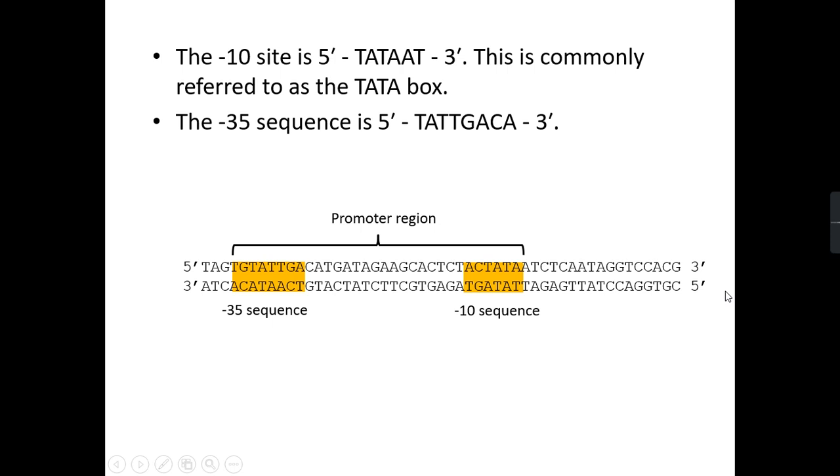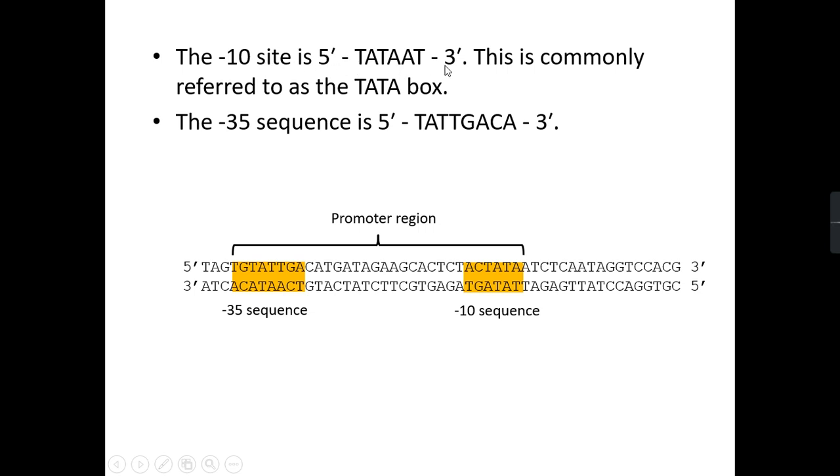So the -10 site, from 5 prime to 3 prime, is TATAAT. This is commonly referred to as the TATA box. That is the region that represents the -10.